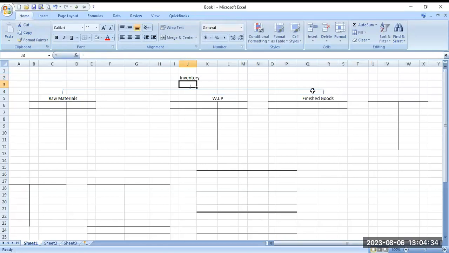Sorry, it took me so long. And that will be our cost of goods sold. Cost of goods sold, that's an income statement. All those inventory accounts, that means balance sheet.